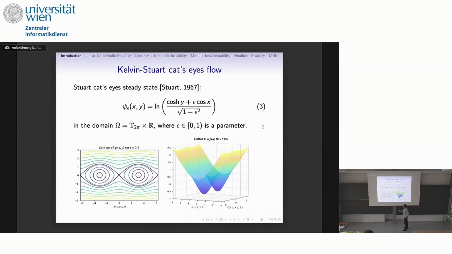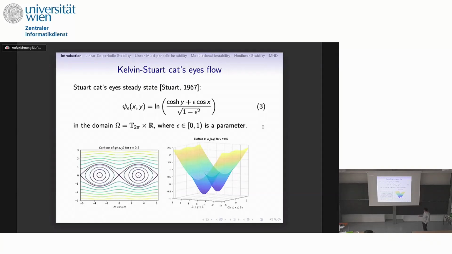But at this hyperbolic critical point, in particular, the Lyapunov exponent is positive. And these 2 points are the elliptical critical points. The Lyapunov exponent is 0 there. So this is the pattern of the streamlines.